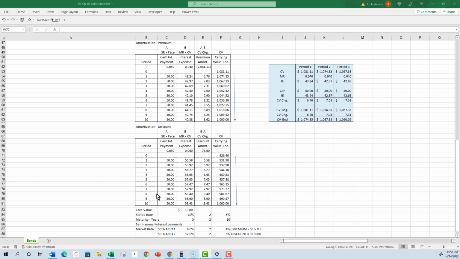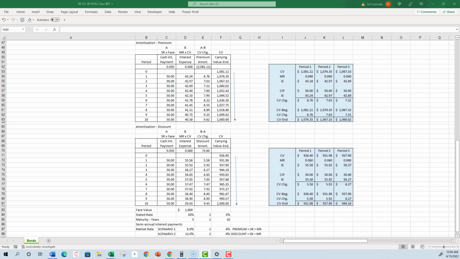The change in the carrying value will always be added to the prior period's carrying value until we reach period 10, where the carrying value of the bond will equal the face value of the bond, $1,000. That's it. You can solve these types of problems with just equations instead of using an amortization table.